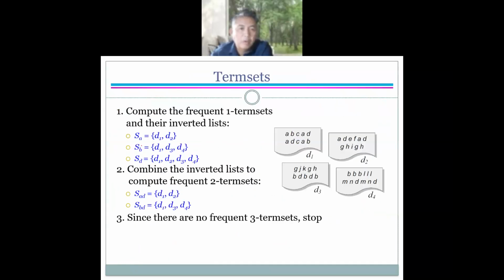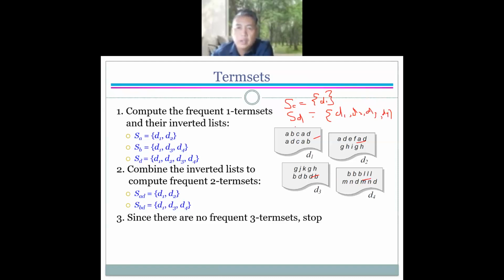We did not count C and D because they are not in the query, but for the calculation of the document, we have to compute. So for the C, for example here, how many documents do we have? One only, in D1. And for the D, how many? 1, 2, 3, 4. So 4. D1, D2, D3, and D4.